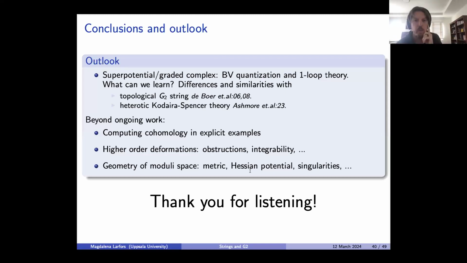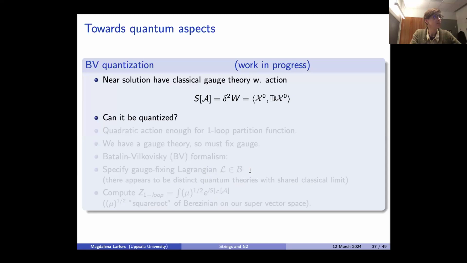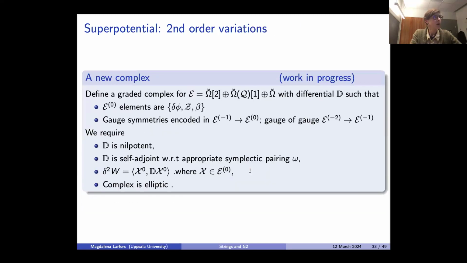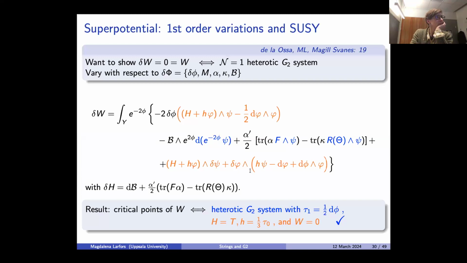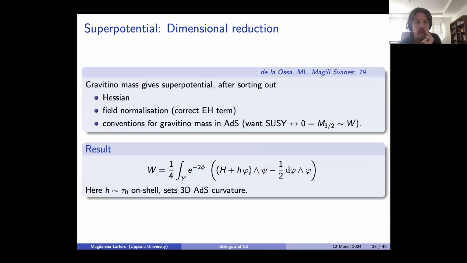I wonder, could you go back to the slide with the superpotential? This one? Yeah, so little h is this tau naught, which is part of the torsion. So you have a quadratic term in the torsion and also a term involving the derivative of the torsion, because you have this d phi.